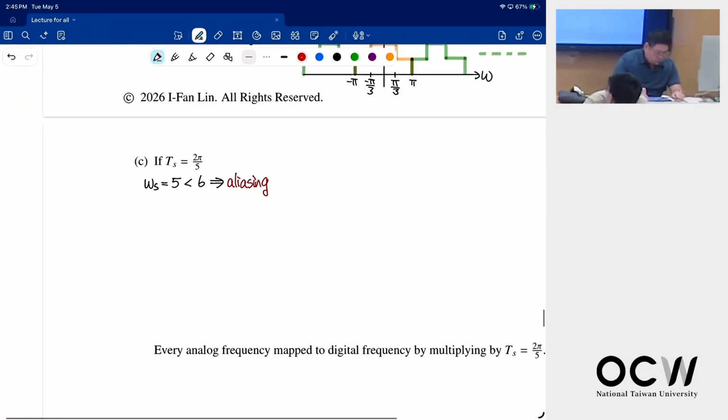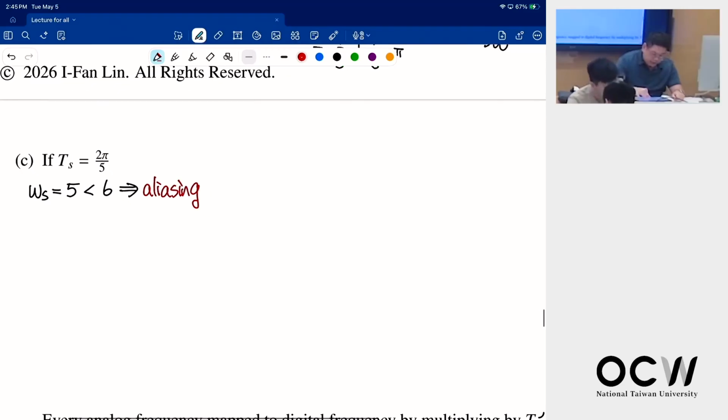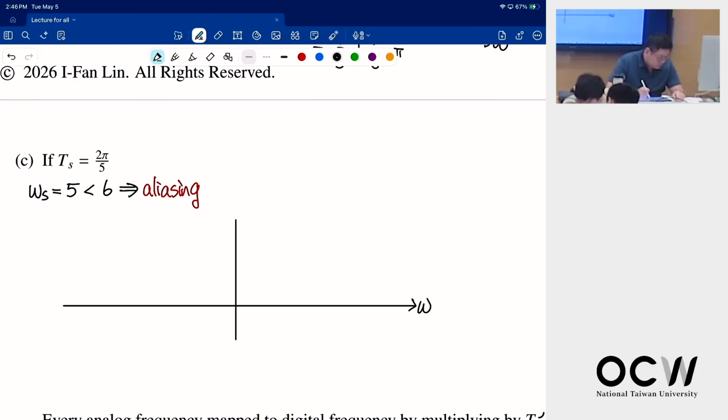So for the aliasing, how do we plot aliasing? First, we can think about that.